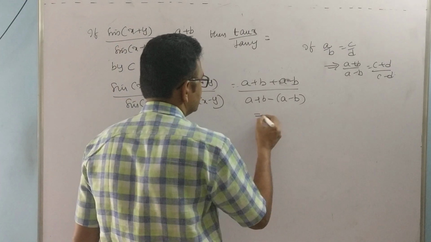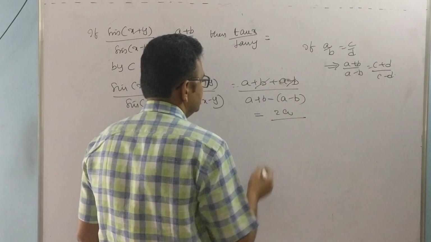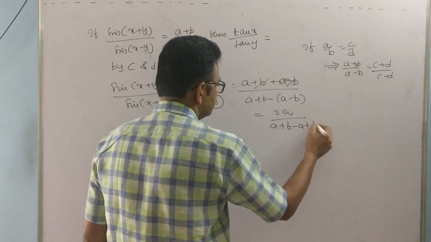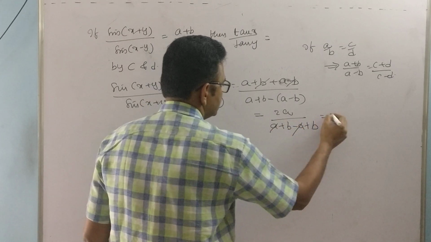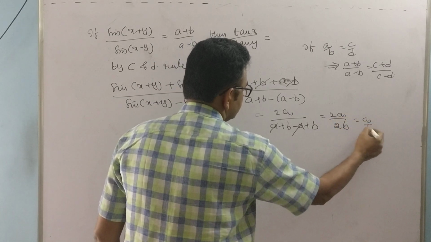So this is equal to 2a by, a plus b minus a plus b, so these two get cancelled. 2a by 2b, that is a by b.